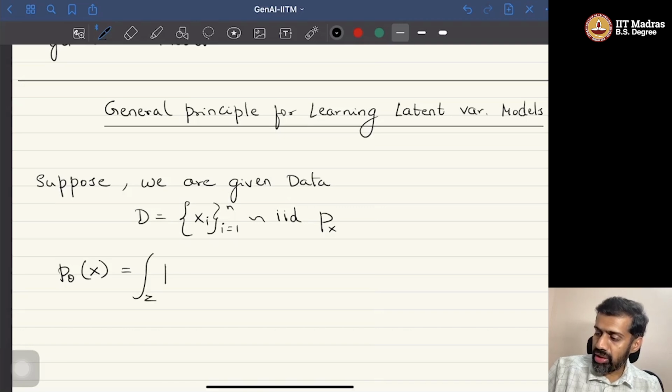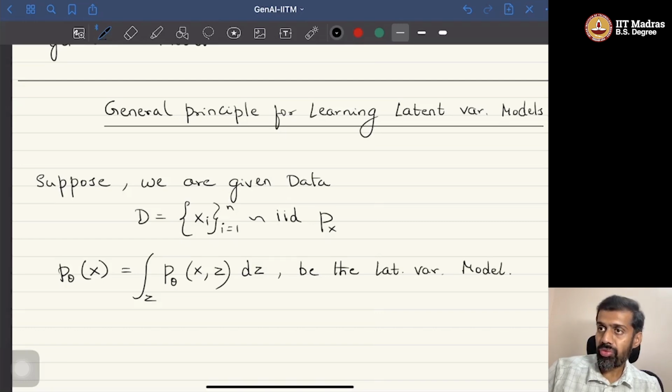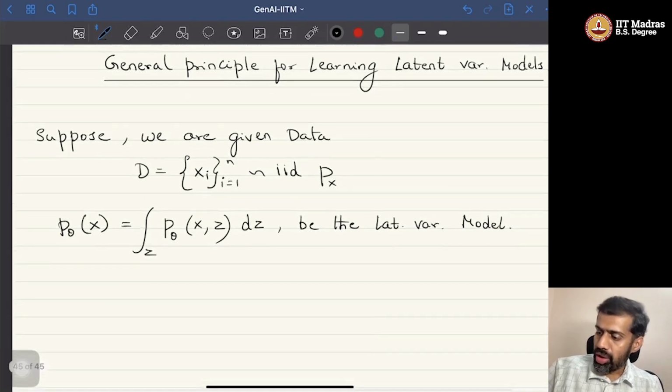So now by definition, the latent variable model is a joint distribution between x, which is the observed random variable, and z, which is an unobserved random variable. Okay. Now what is the goal?